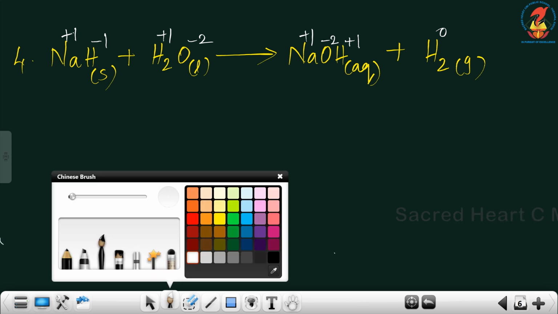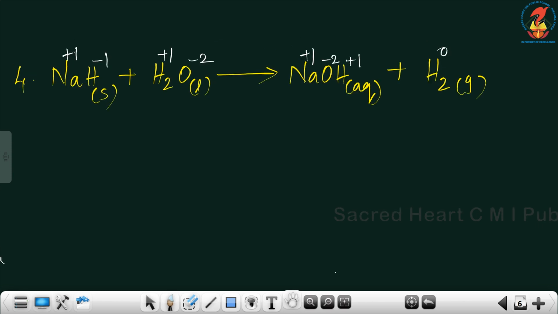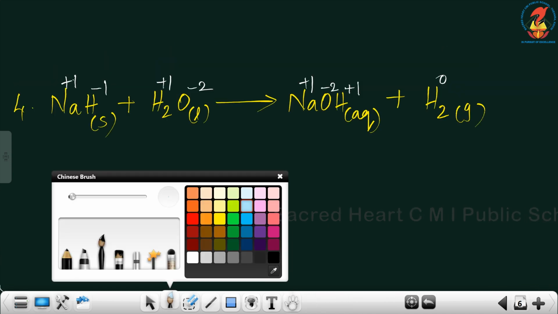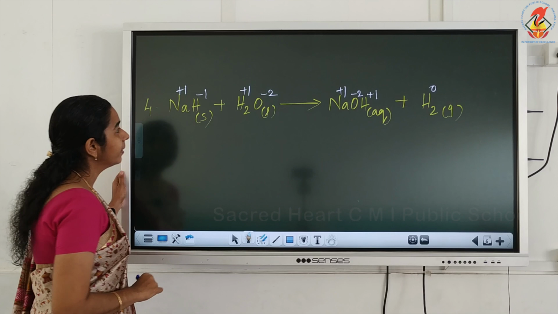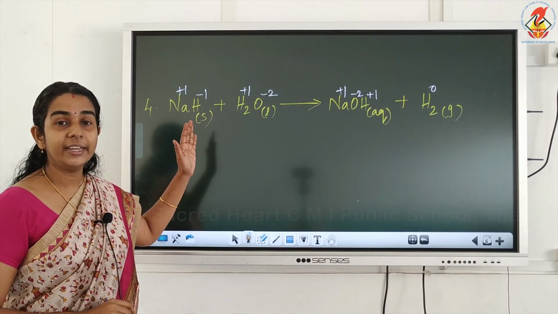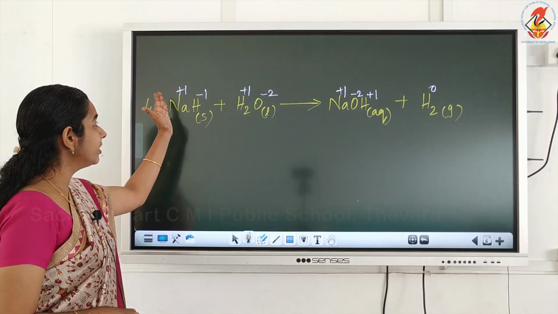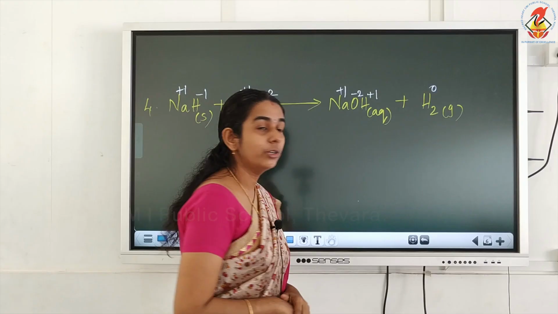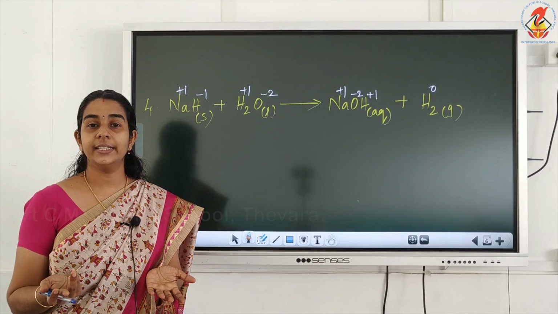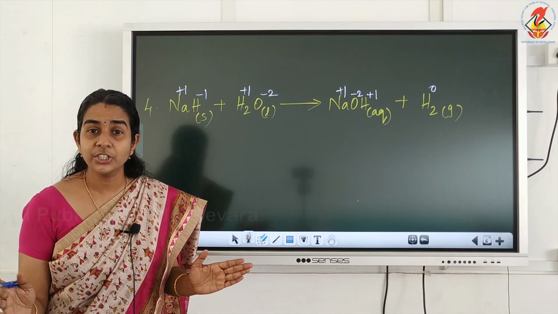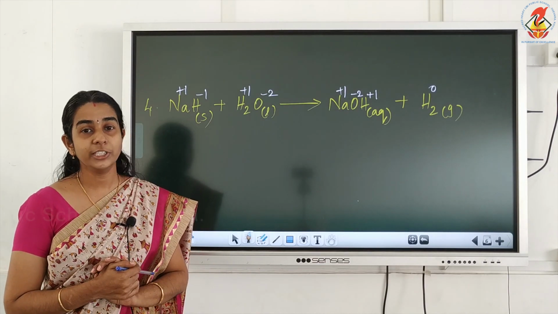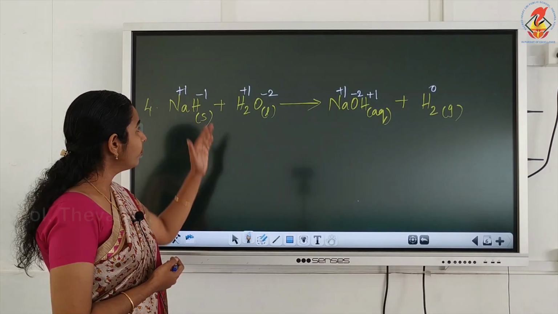Now based on the oxidation number, how can we write? Compare the oxidation state in the right hand side and left hand side. Sodium on the left hand side is +1, right hand side also it is +1, so there is no oxidation or reduction for sodium. Hydrogen, what happens here?